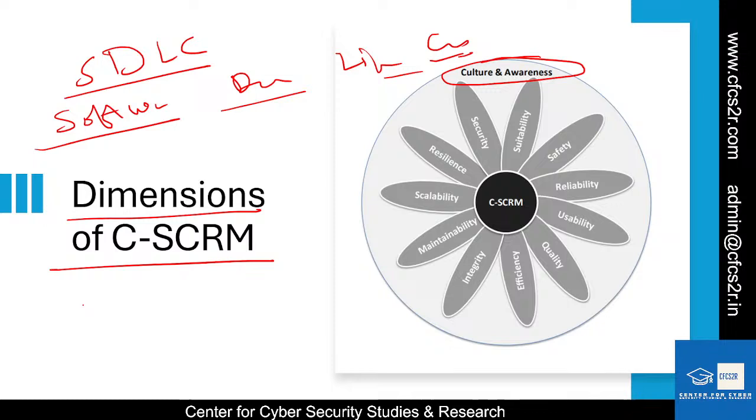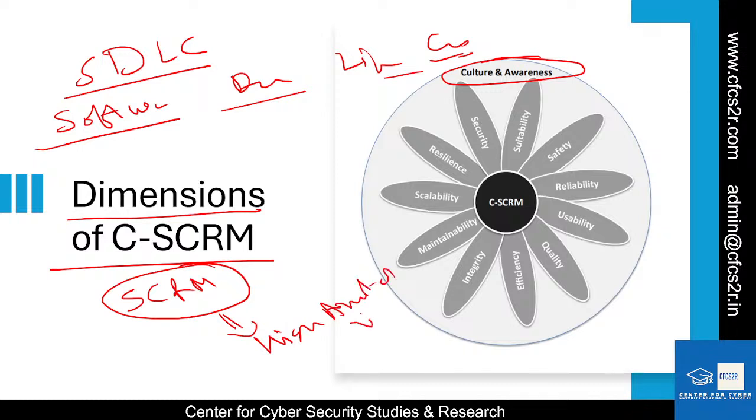In most organizations, you have seen that supply chain risk management does not have a high amount of value. People are not putting a lot of emphasis on this particular part. So the first important part is that culture and awareness should be embedded into the organization.